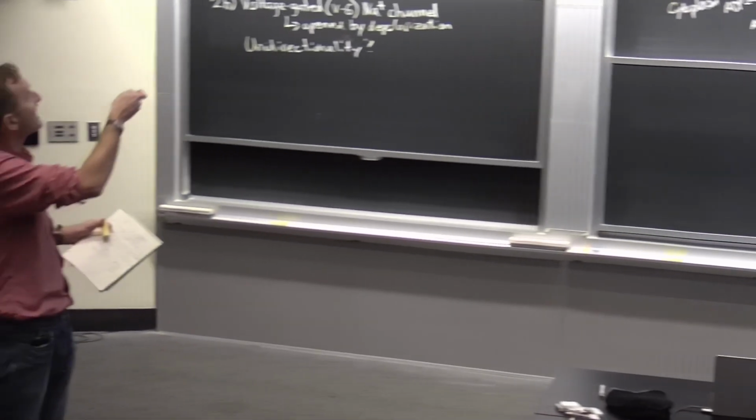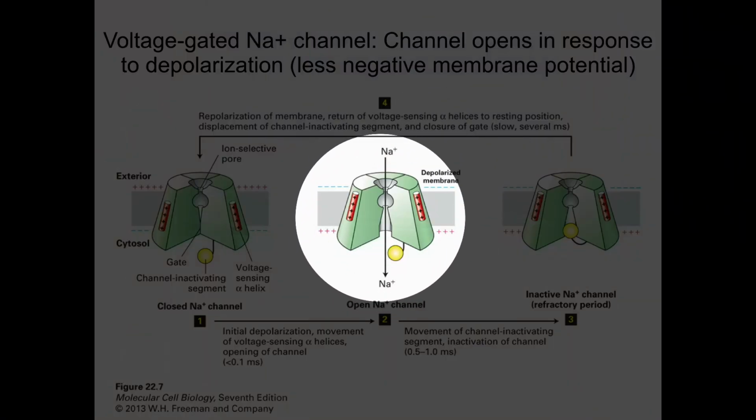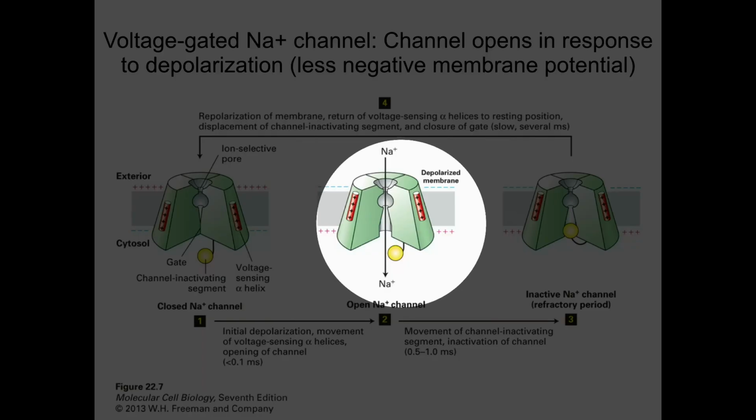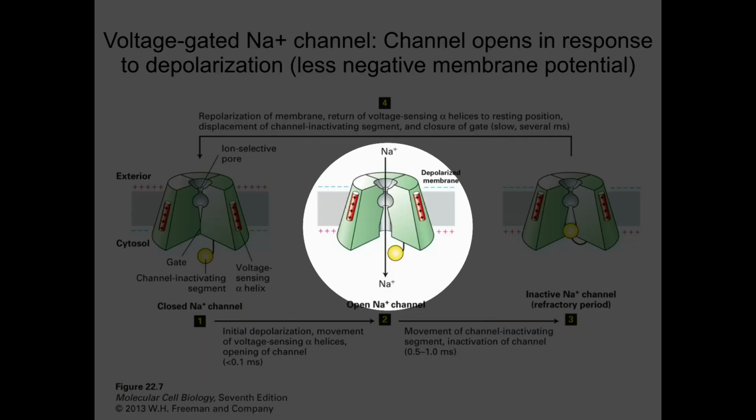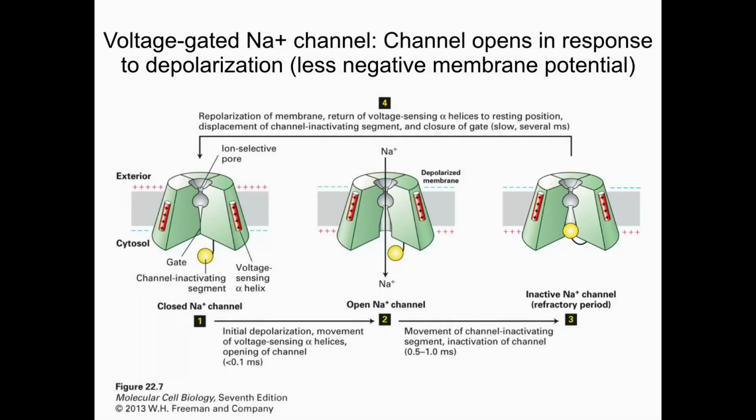Okay, if we look at the next step in this, the sodium channel is opened by depolarization, and you see there's this ball and chain segment of the protein, where you see that yellow ball. And once the sodium channel opens, after about a millisecond, that ball sticks in the channel pore and blocks it, okay?